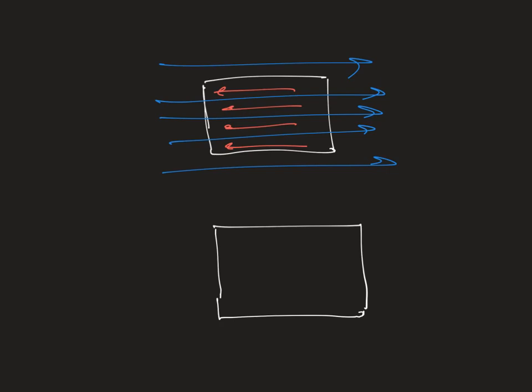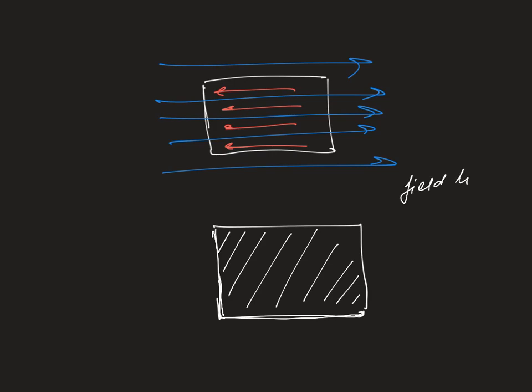Now if all points are at the same potential, that means they form an equipotential surface. If they form an equipotential surface, we know that field lines are always perpendicular to equipotential surfaces.